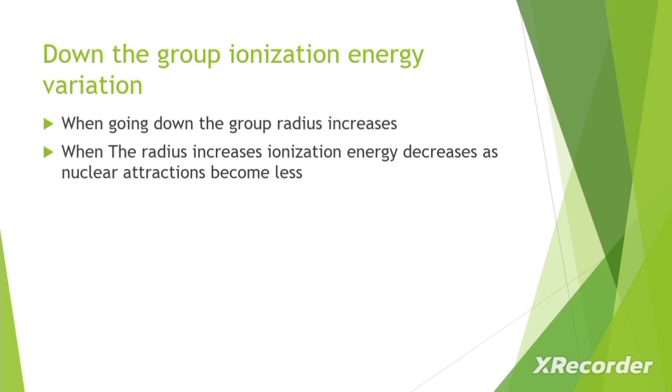Then nuclear attraction becomes low. When nuclear attraction becomes low, it is easy to remove an electron from the outermost energy level. So the ionization energy that we should supply becomes low. So as a conclusion, we can say when going down the group, ionization energy decreases.